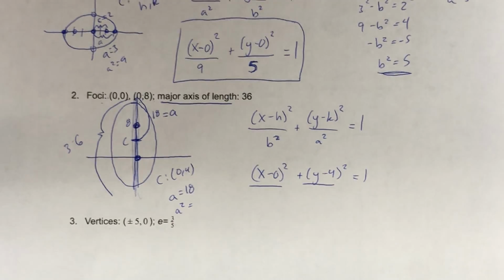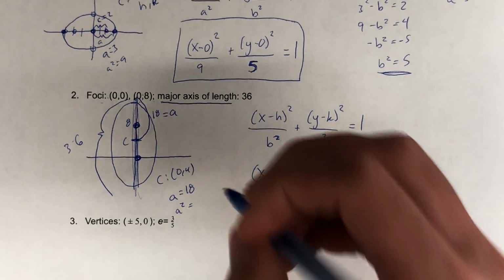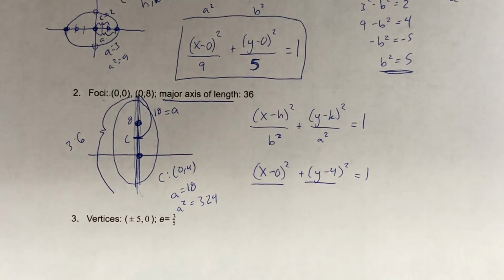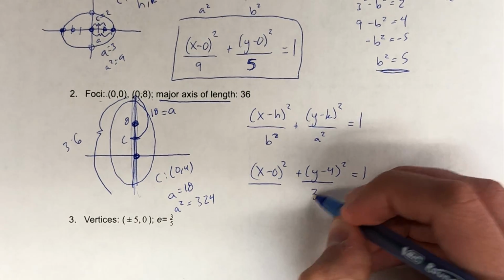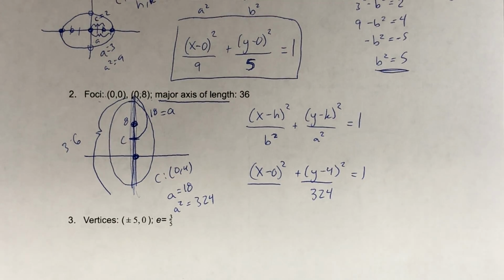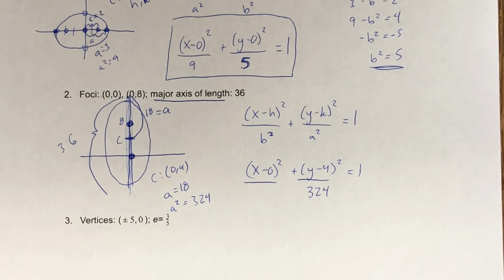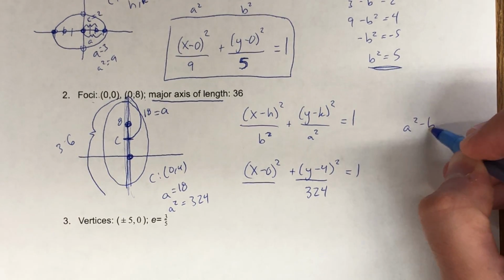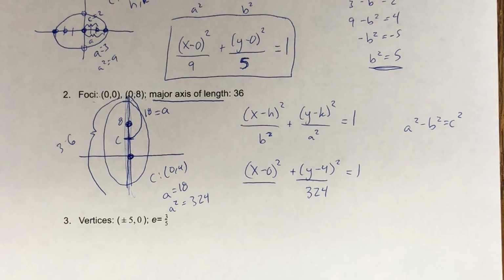So A squared would then be, it's not one I know off the top of my head, 324. So that'll be our a squared value. We still need our b squared, so we can go about that in the same way using a squared minus b squared is c squared.